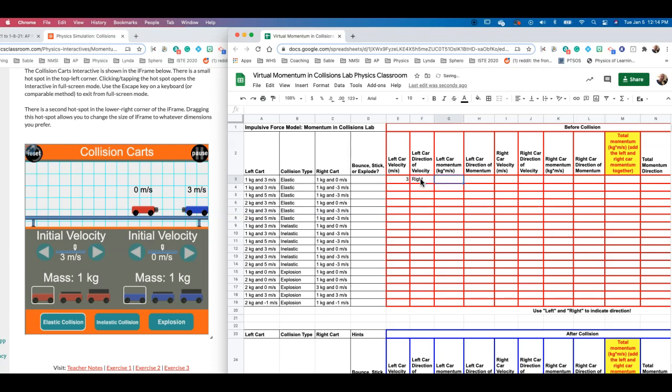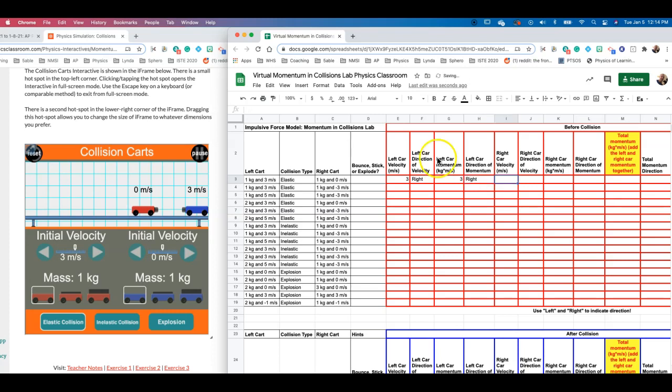The left car momentum now is going to be the mass of the car times the velocity. So the mass was 1, velocity is 3, so that one's really easy. That one is now just 3. The left car direction momentum is the same as the direction of velocity, so it is right.